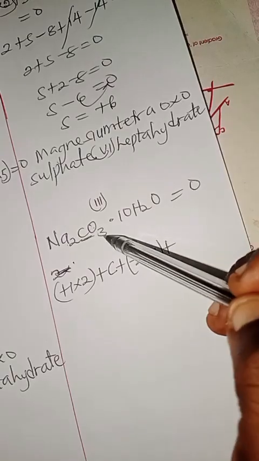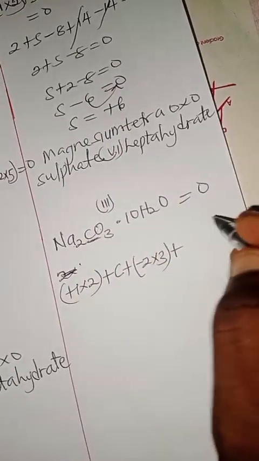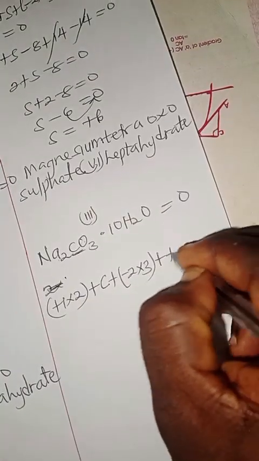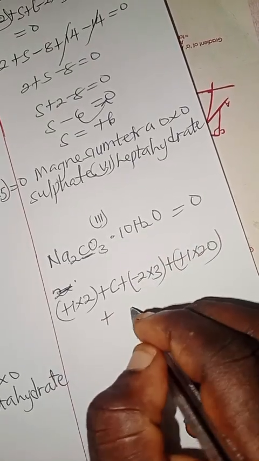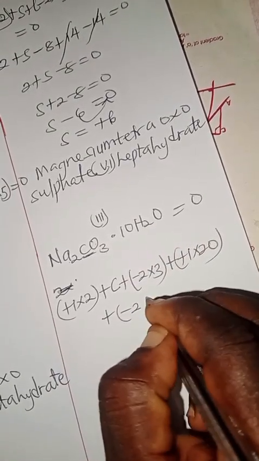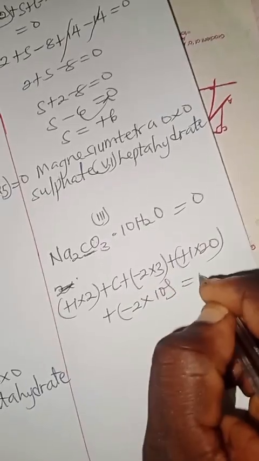Then here plus minus 2 times 3, because the oxidation number of oxygen, we have been doing that, minus 2 times 3. Then here you have 20 atoms of hydrogen plus 10 of oxygen equals 0.